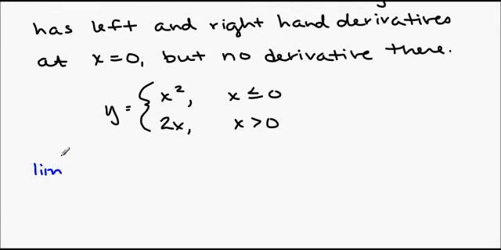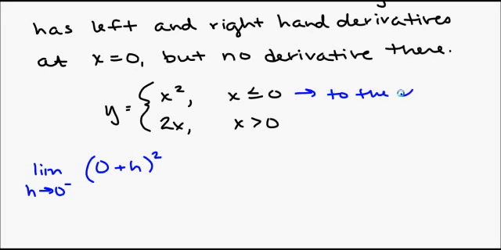So let's start by saying the limit as h approaches 0 from the left, this is our left-hand derivative, of 0 plus h squared. We're using this function because this is where x is less than 0, so this is to the left of 0. If you needed to draw a number line out and see, here is 0 and less than 0 is this way, this is left, this is right.